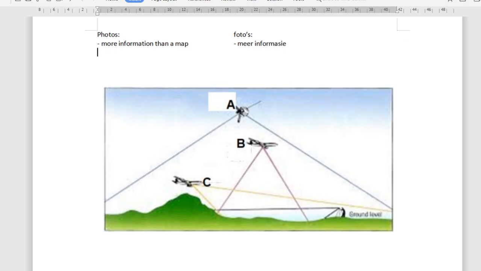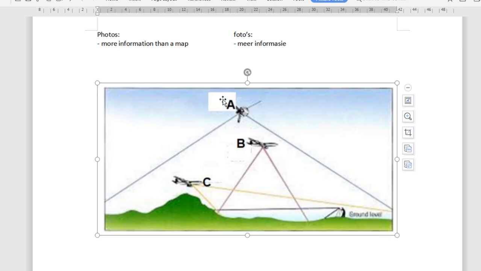Sometimes the photo gives you info that the map doesn't, and the map gives you info that the photo doesn't. Okay, so we get different types of photos. We get a vertical photo and an oblique photo. So dis verticaal en skuins.